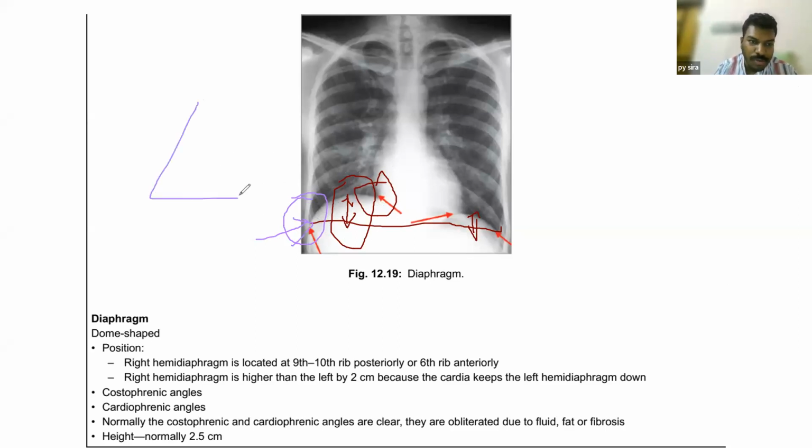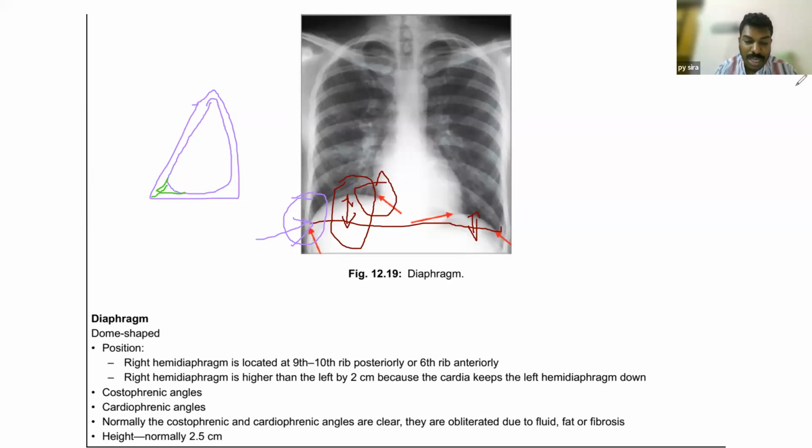So if you take any pleural effusion patient, if this is the lung of the patient, this is called obliteration, the space. Now you see the space is obliterated. It should be like this, but now it has become obliterated. So this obliteration is a very important thing which you see in pleural effusions.